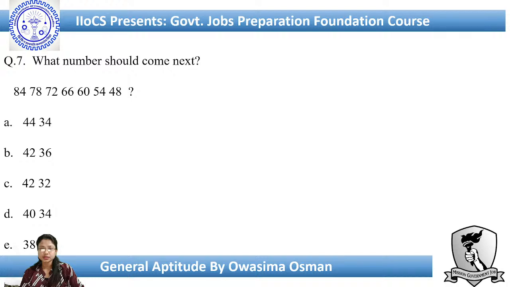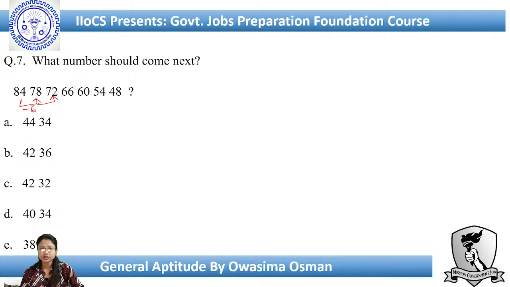Next problem is 84, 78, 72, 66, 60, 54 and 48, and you have to find the next digit. This is also a very simple problem. Every digit is minus 6 from the previous digit.